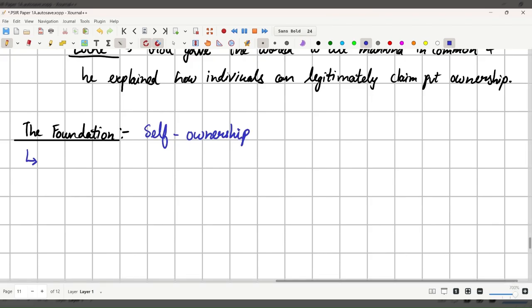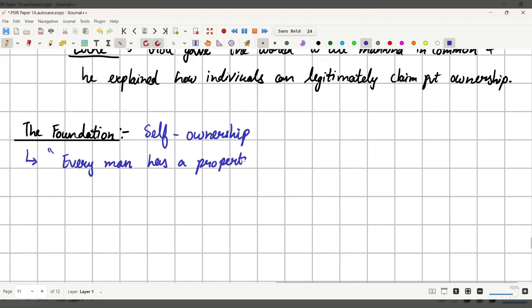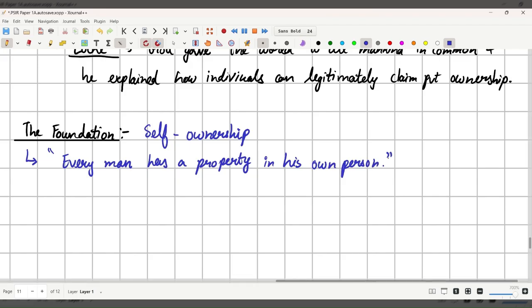He famously stated that every man has a property in his own person, meaning no one else has the right to an individual's body or their capacity to work.